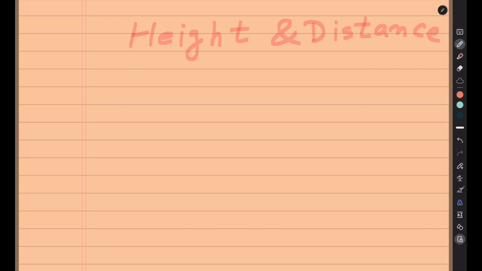As we have already read about trigonometrical ratios, and we have also studied some identities, we will try to do some practical applications of trigonometry. A very usual application of trigonometry is finding heights and distances. But first of all, let us do some basics.